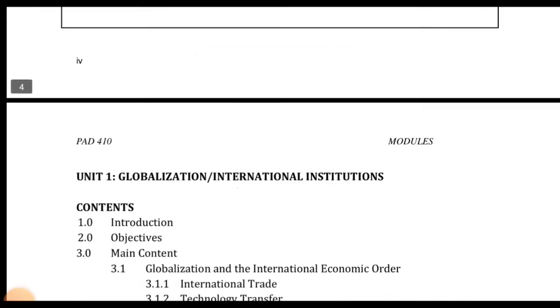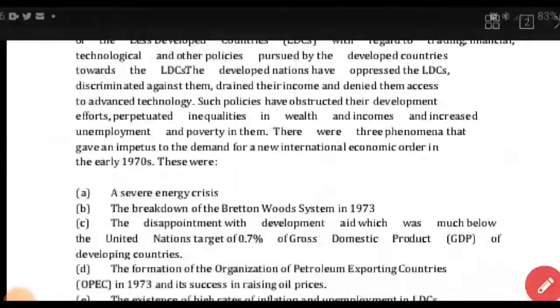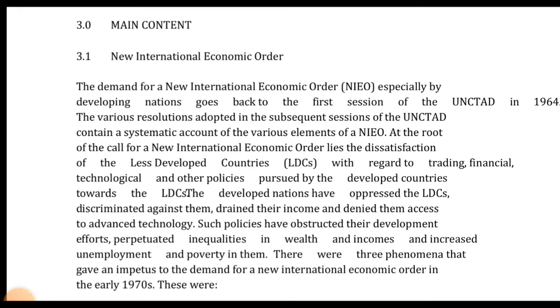On our list is the New International Economic Order. The demand for a new economic order (NIEO), especially by developing nations, can be traced to the first UN CTAD, which stands for United Nations Conference on Trade and Development, in 1964.